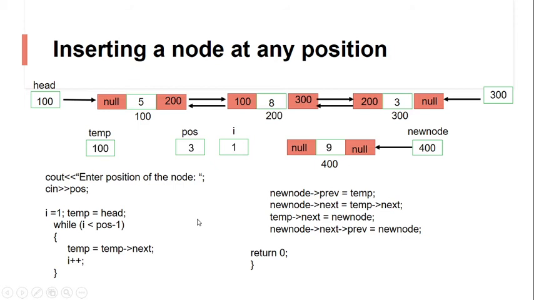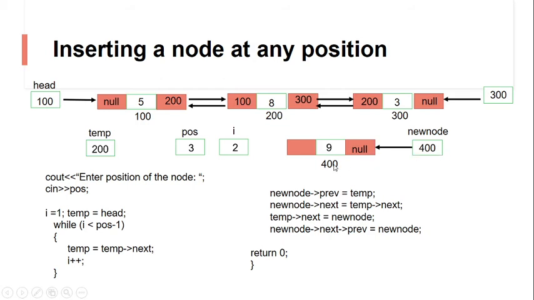So let's simulate it, starting from 100. Next is 200, next memory address 200, and I is now already 2, so it will stop at 200. So we'll be inserting on this particular position between memory address 200 and 300.